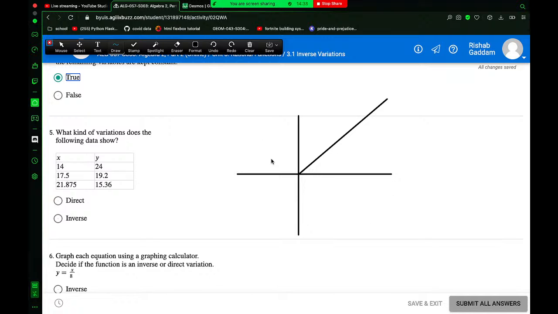So basically, a linear would be a straight diagonal line, and inverse would be curved lines going in the opposite direction. Yeah, but linears don't necessarily have to be diagonal. They can be at any angle. They can be like that, or they can even be like that, just straight. Okay, that makes sense. Yeah, I think it's direct.